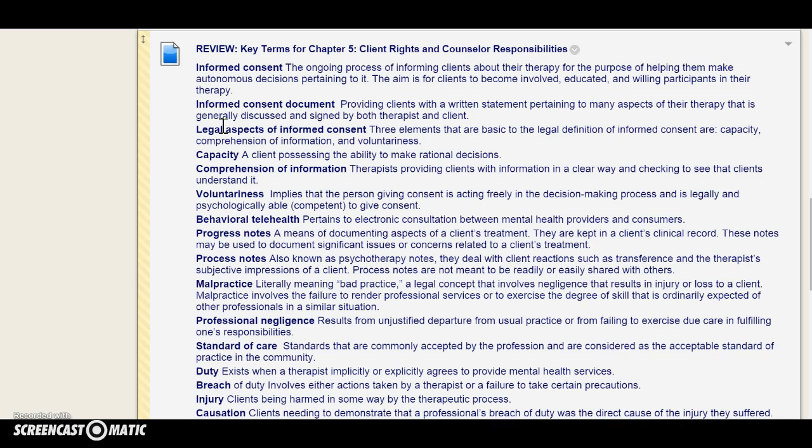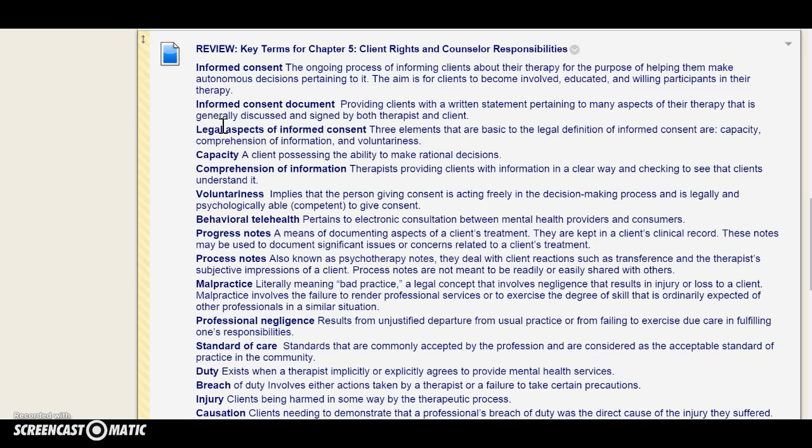They need to understand the duration of the treatment intervention, the potential risks involved with this type of treatment, and that it is their right to choose whether or not they want to participate in the treatment.